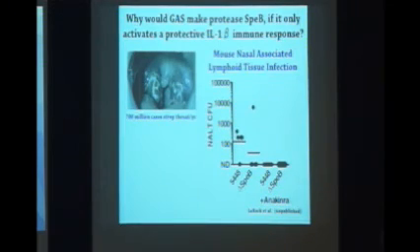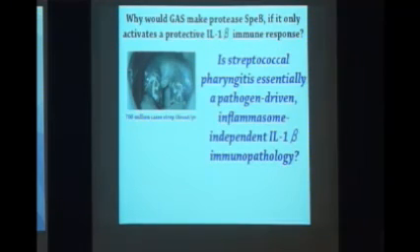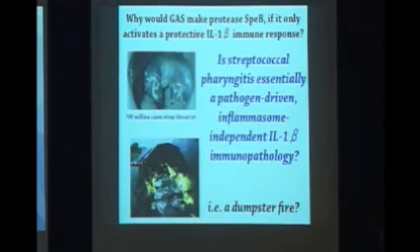And if you give anakinra, you cannot establish strep throat because you no longer get this inflammation. So you could actually prevent strep throat with anakinra, but at a very small risk of getting a life-threatening flesh-eating infection that spreads through your body. So it's kind of what I would call the dumpster fire strategy of infection that is happening here.